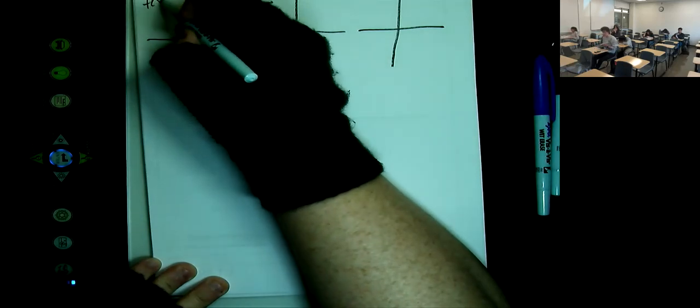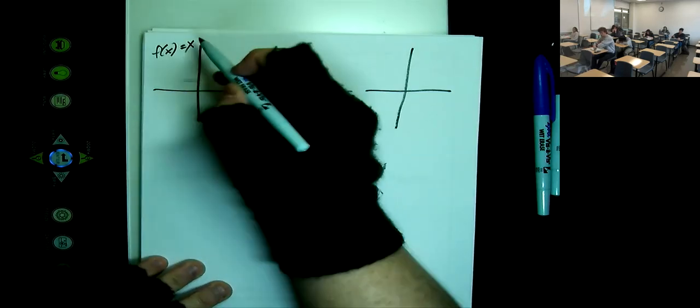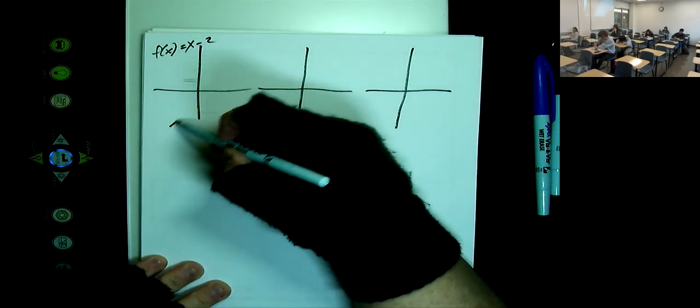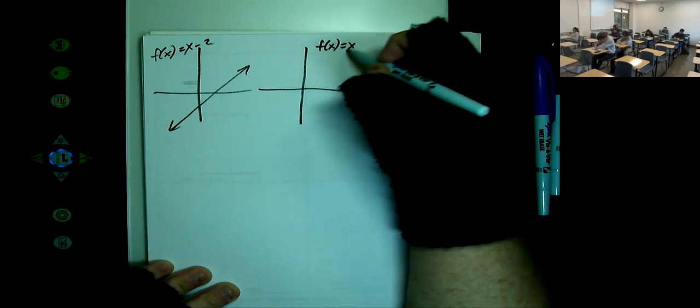The next bit of information, I'm going to draw 3 graphs for you, and we'll see how it works from there. So we have f of x equals x minus 2. Here I will do x squared.